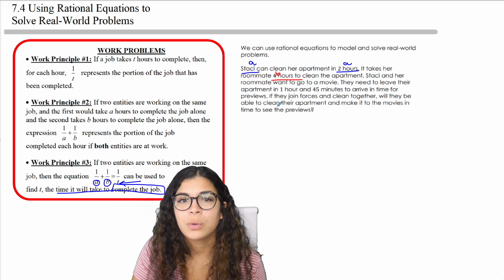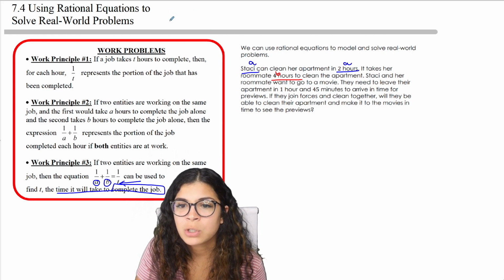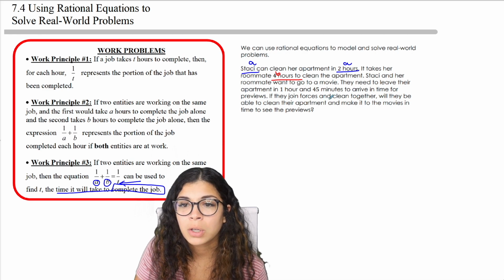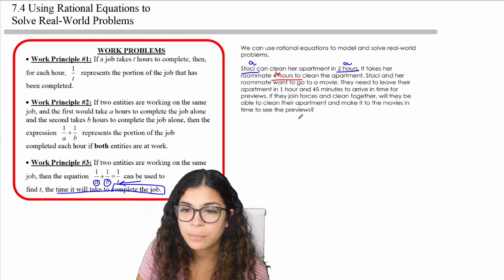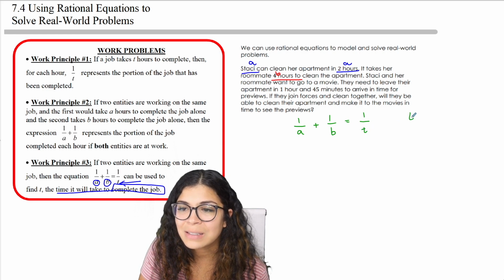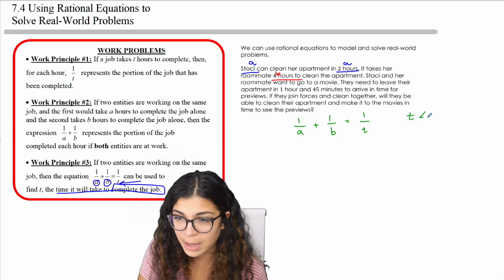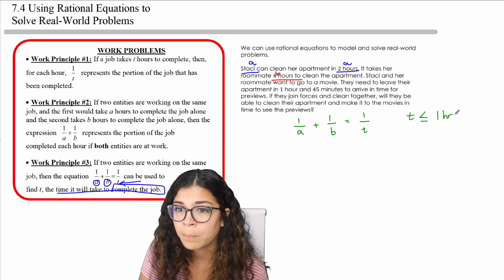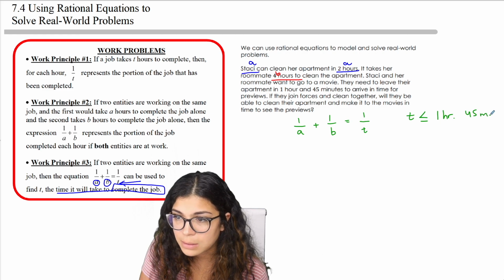Will they be able to clean their apartment in time to make it to the movie and see the previews, okay? So basically what we're looking for is we're gonna use that work principle 3, that's the one that we're always using, okay? 1 over A plus 1 over B equals 1 over T. So we're looking for T. Is T less time or exactly the amount of time of 1 hour and 45 minutes, okay?